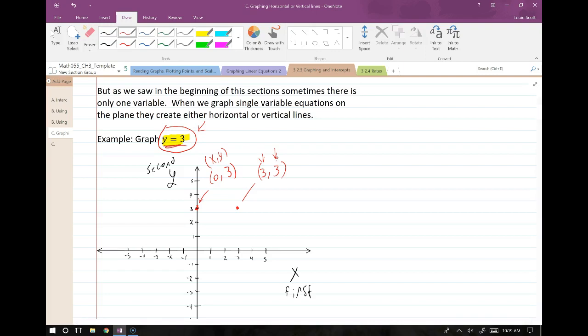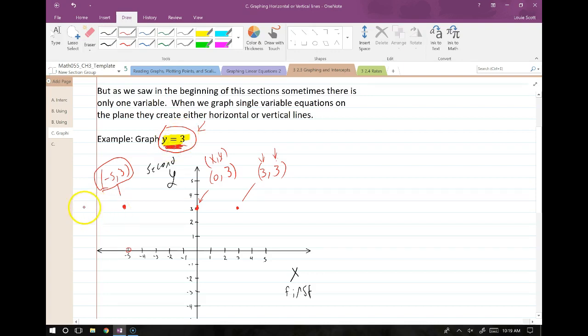It doesn't really matter what the x value is. Even if we came all the way over here to x equals -5, traced our way up to y equals 3, this is the point -5, 3. This ordered pair also makes this equation true, because it doesn't matter what x is. As long as y is 3, this is true.